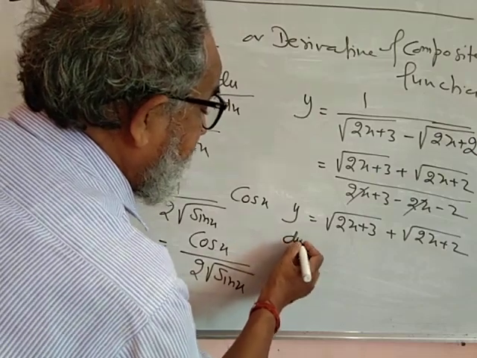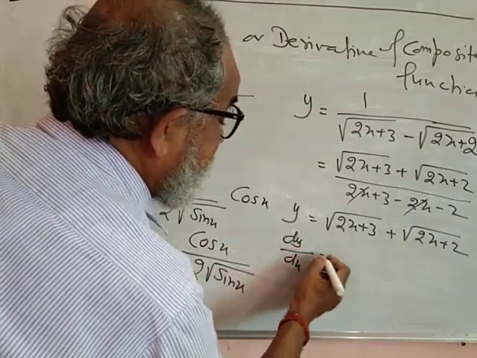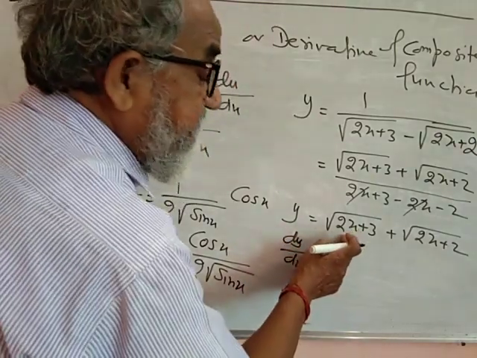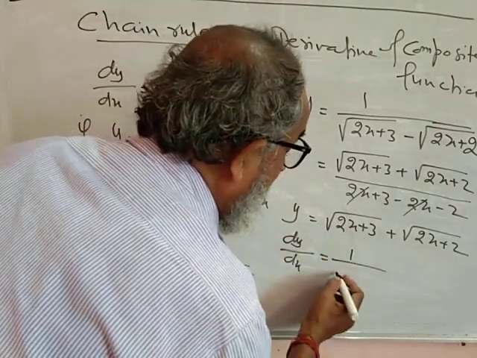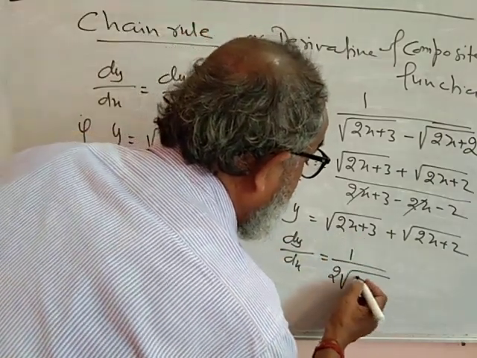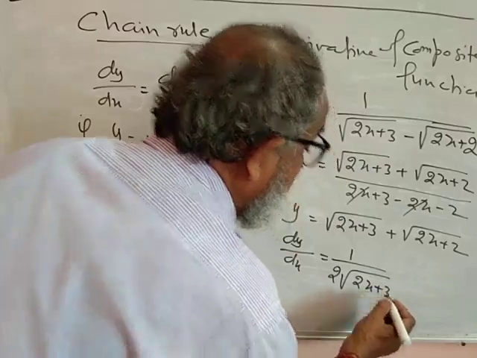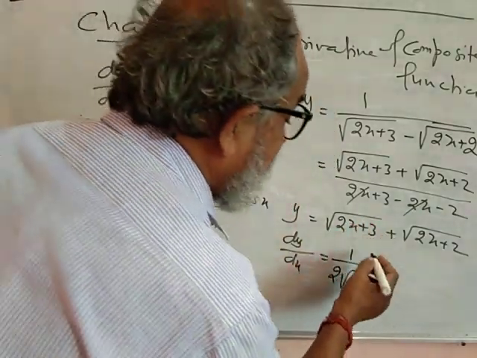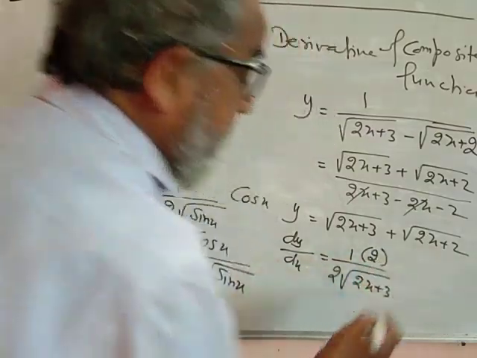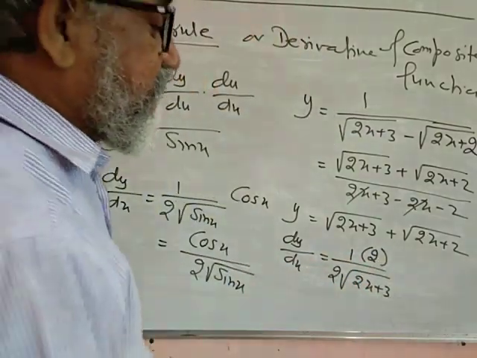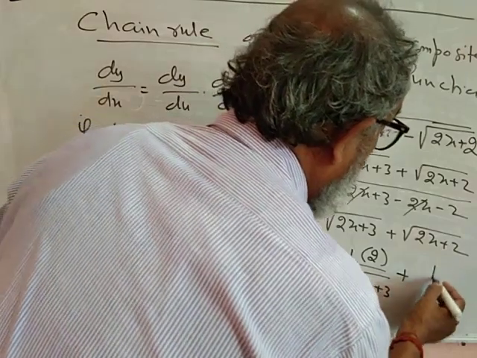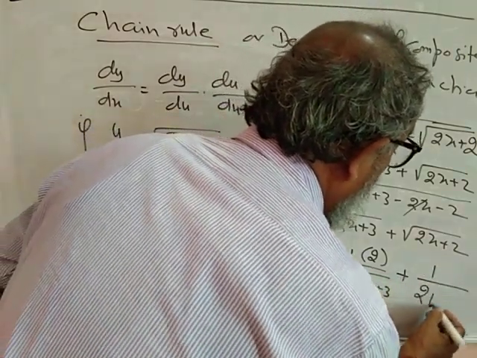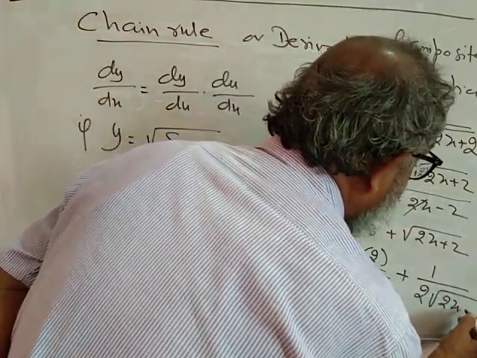So differentiate, dy by dx is equal to first derivative of root, so 1 upon 2 root 2x plus 3. Then derivative of what is inside the root, that is 2x plus 3. So derivative of 2x plus 3 is 2, plus 1 upon 2 root 2x plus 2.